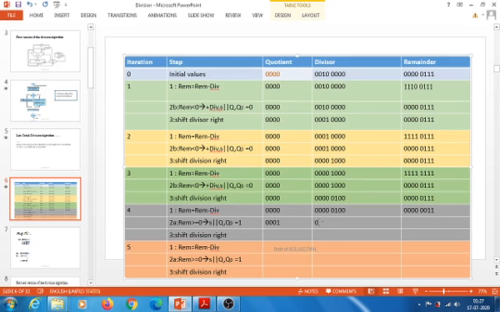It is 0 0 0 0 and 0 1 0 0, and this remainder remains the same. Next I want to shift the divisor register to the right. So 0 0 0 0 0 0 1 0, and here it remains the same 0 0 0 1, and this part remains the same.